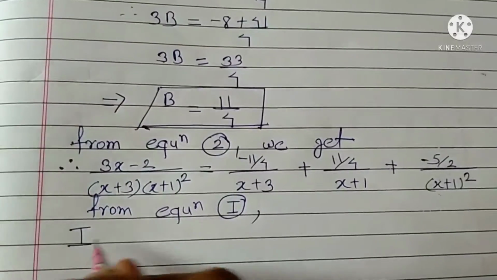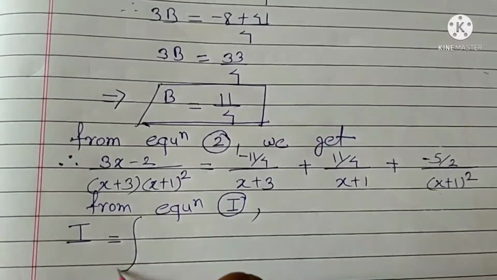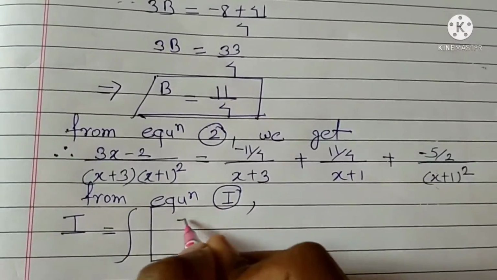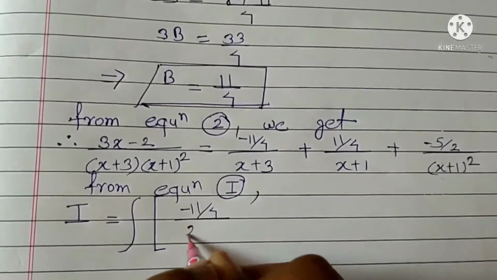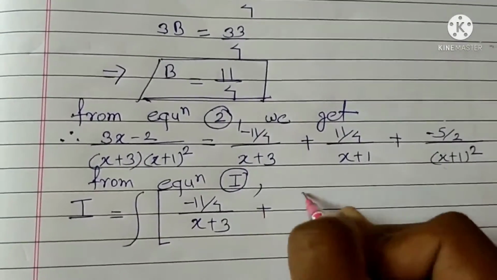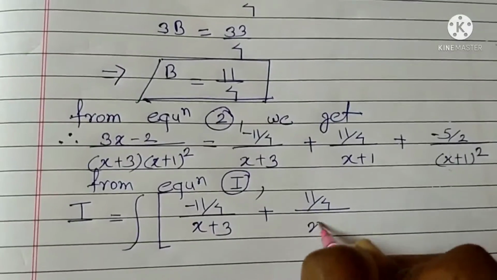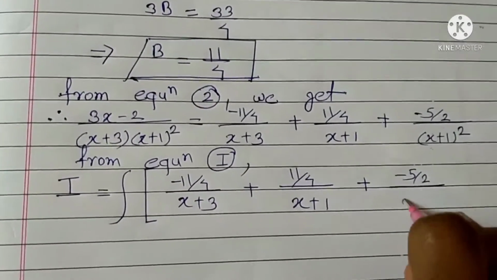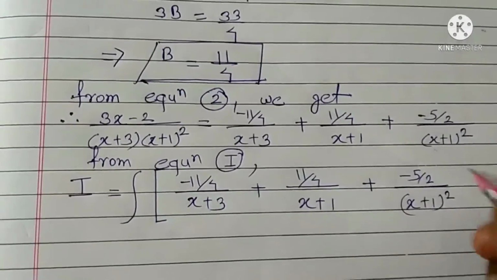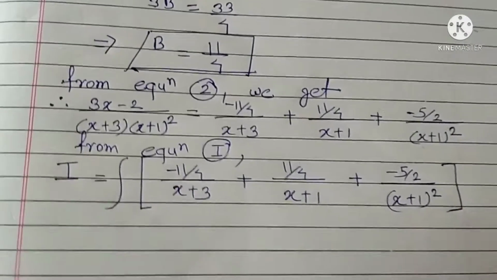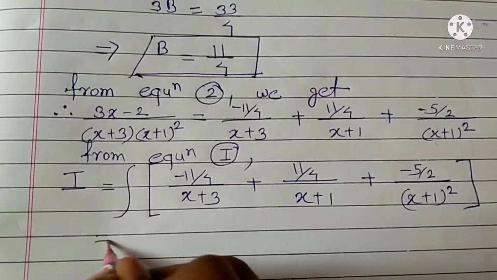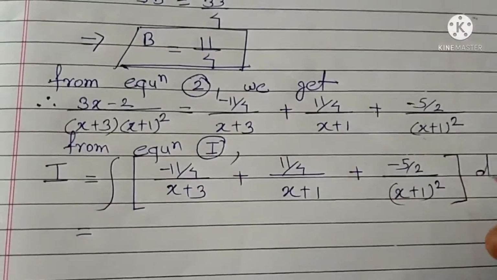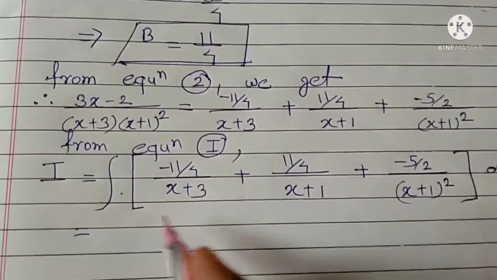So it will become I, which is equal to the integration of -11/4 upon (x + 3) plus 11/4 upon (x + 1) plus -5/2 upon (x + 1) whole square. Now take integration on summation. So we get here integration separate.